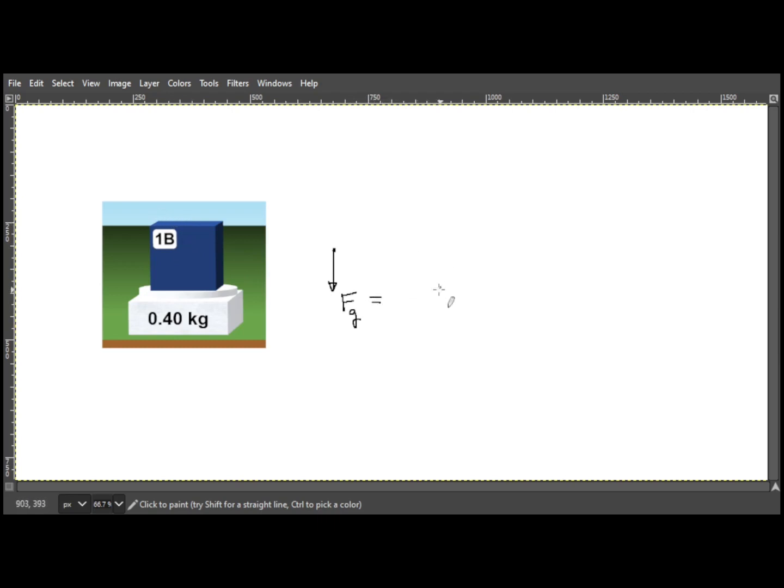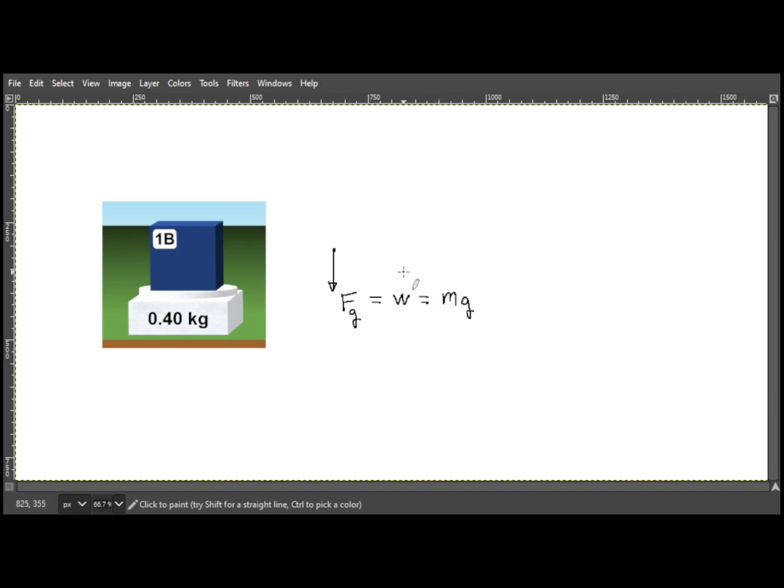And by definition, and we know this is how weight is defined, the force of gravity on that box is its weight. We could call it W, for weight, and that is the object's mass times the strength of gravity. And here maybe I could put a minus sign on it. If I define the down direction to be the minus y direction, then I would have to treat this as a negative quantity.